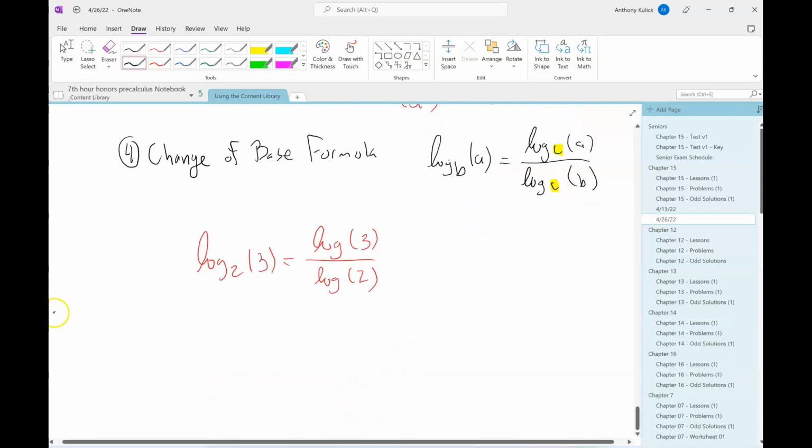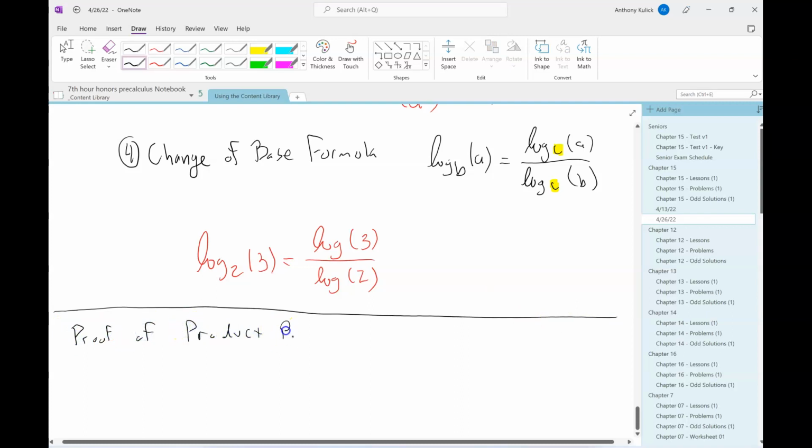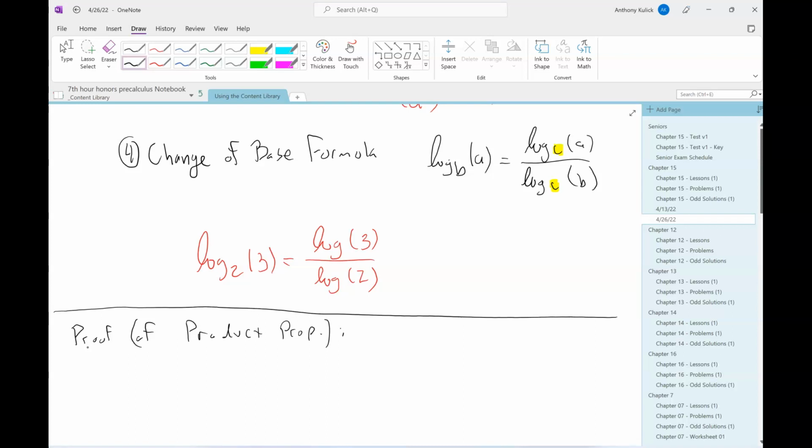All right, let's prove one of these properties, and then we'll be done. So we're going to finish, I should say, we're ending the class by proving the product property.